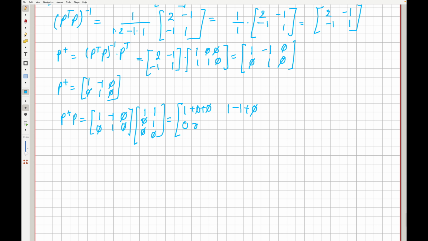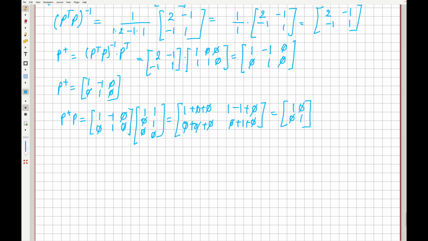All of these will be 0, so 0 plus 0 plus 0, and down here we would have 0 plus 1 plus 0. So we do get an identity matrix out here. This is required for independent columns, and so that is great.